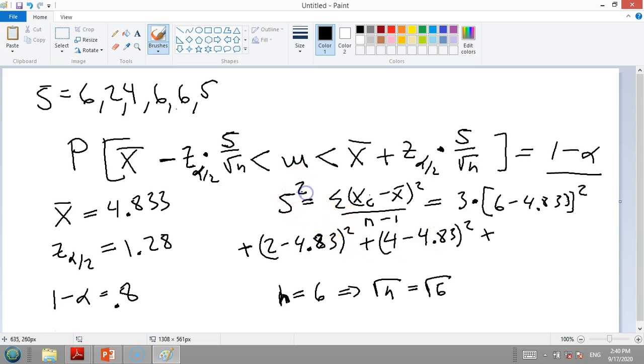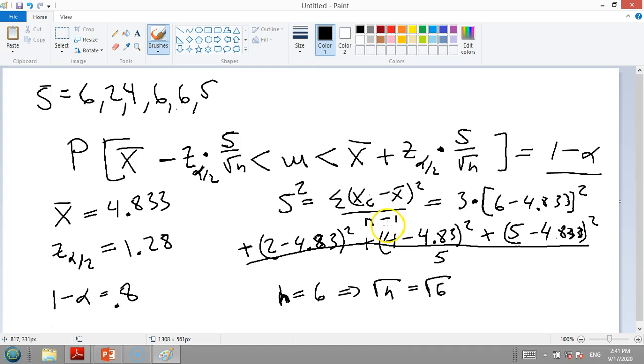This is s squared, so I need to take the square root at the very end. Let's not forget the square root. Divided by 5, because I divide by n minus 1.